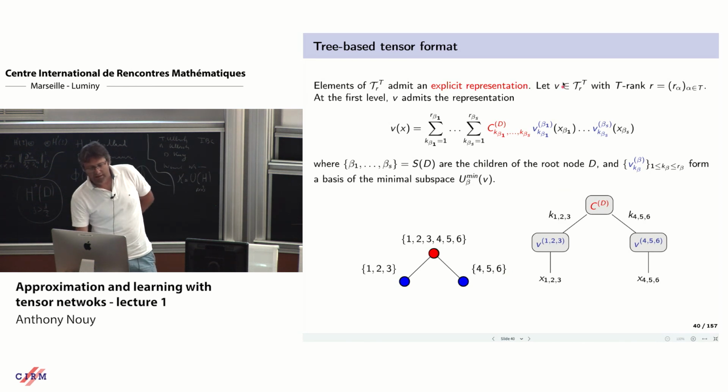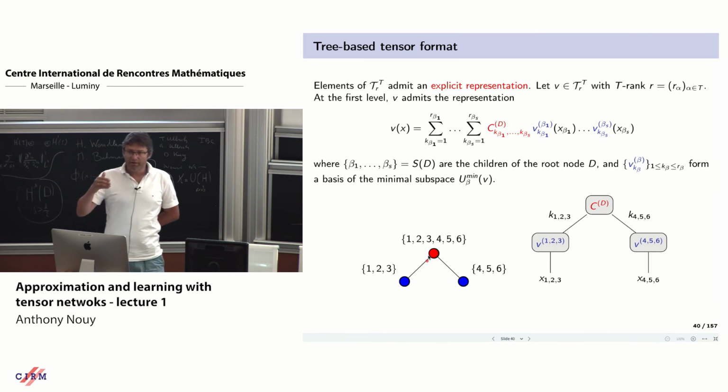Suppose you take a tensor V in this hierarchical tensor format, with a T rank, a tuple of ranks R_alpha. At the first level, I partition the set of dimensions. So here it's a bipartite partition.